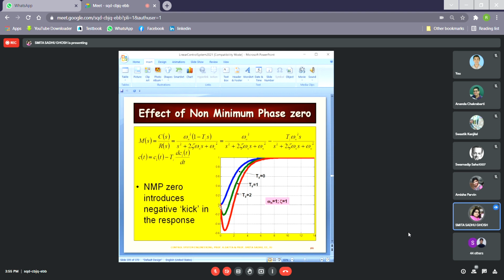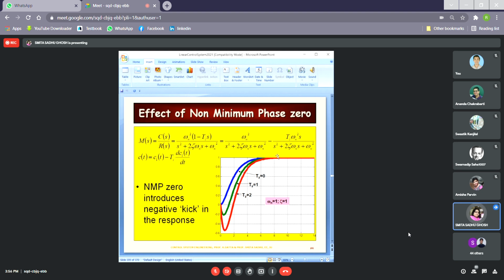So you can see that for each instant of time, the response value is going to be this value minus some quantity. That is what you see in the green response. Similarly, if the tz value is increased a bit more, to tz equal to 2, you find that this red one is the response.